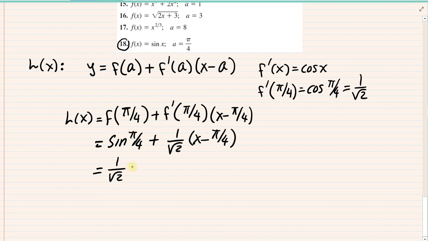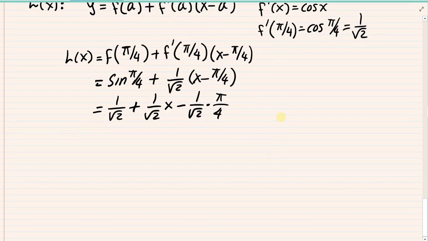That's just 1 over root 2 plus 1 over root 2 distributed to the parentheses, minus 1 over root 2 times pi over 4. And let me see, let's also rationalize this, right? Usually we rationalize the denominators.